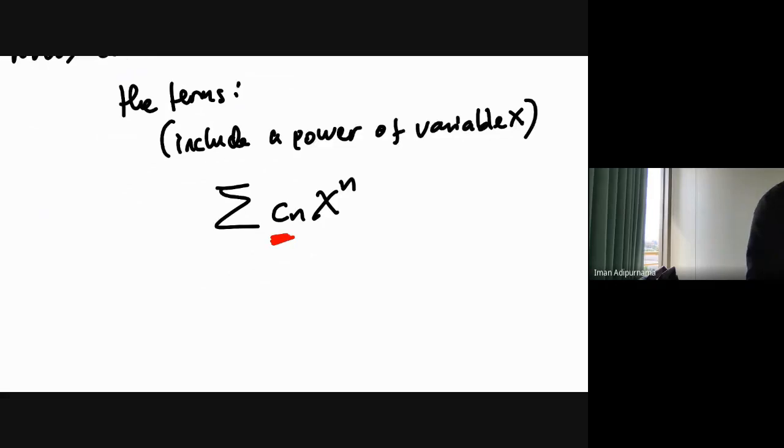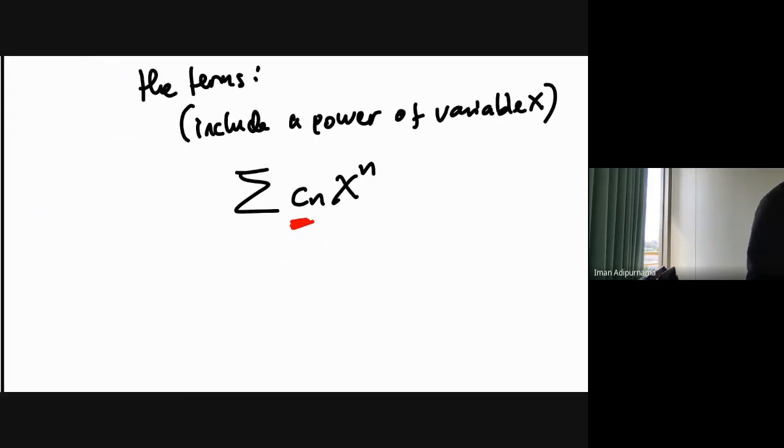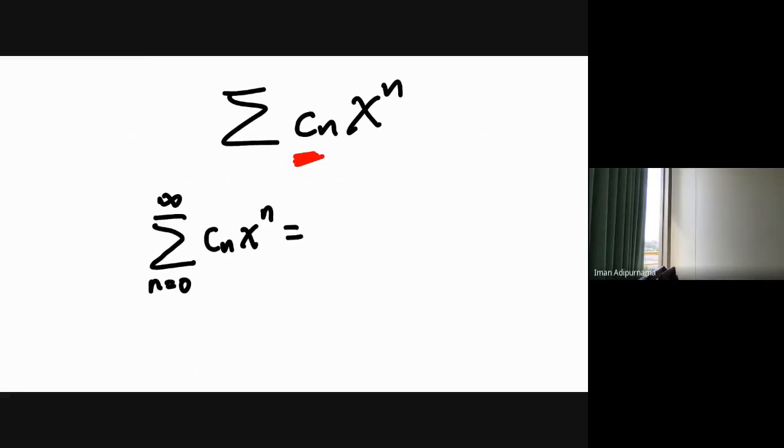Let me write the general form first. Usually in the power series, we start from 0, because we want to make the first x term become 1.